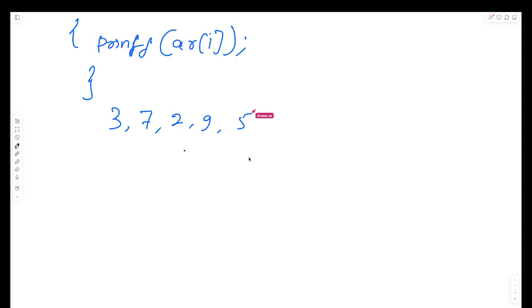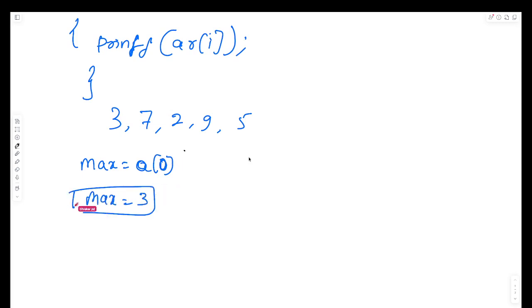Let's take the initial max as 0, or we can assign the first element of the array, which means max will have 3. Then traverse the array from the second element.